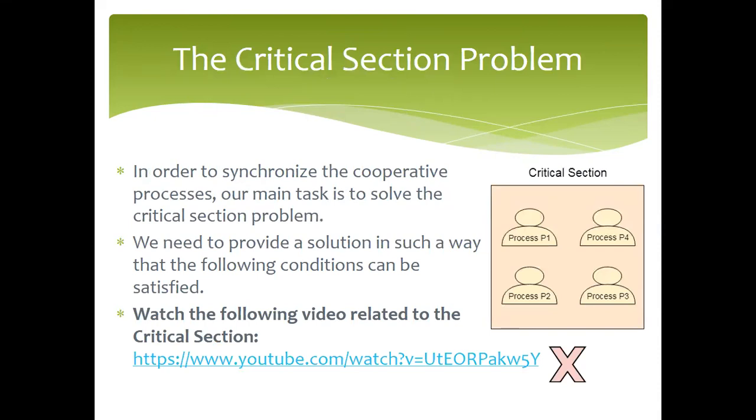So let me go back to the previous slides again. What we said is that we have to solve the critical section problem.